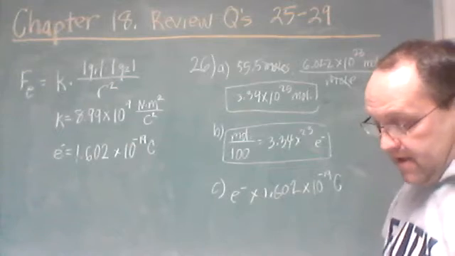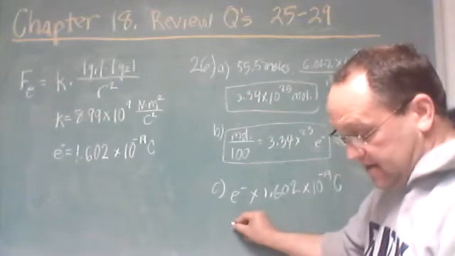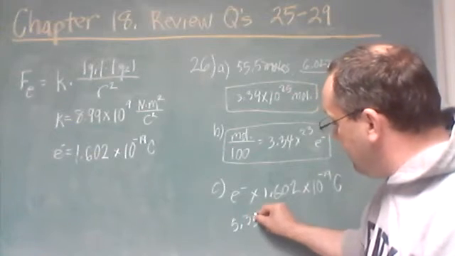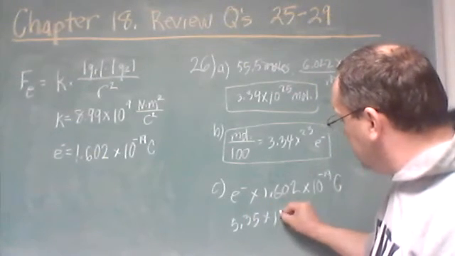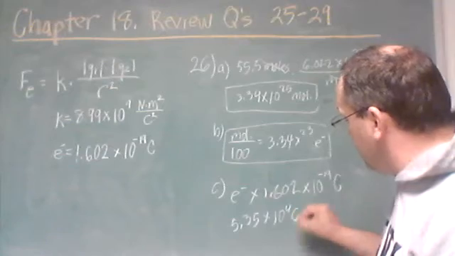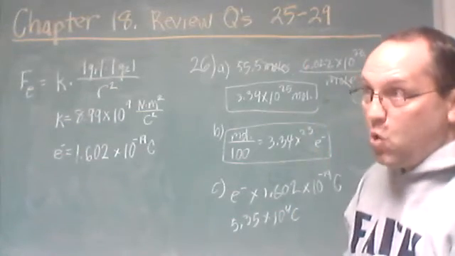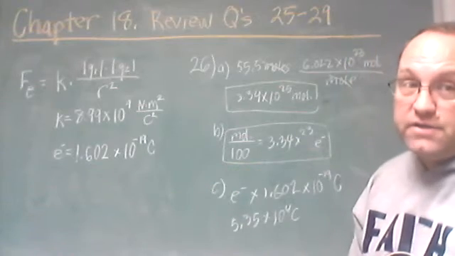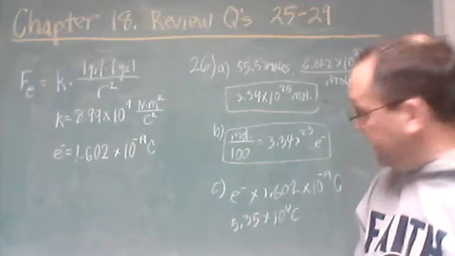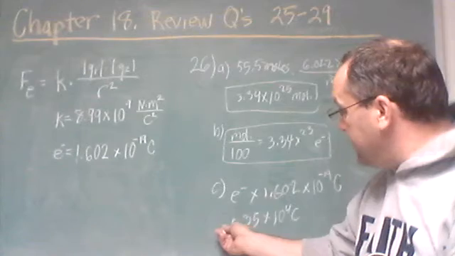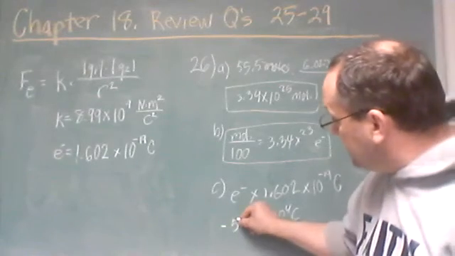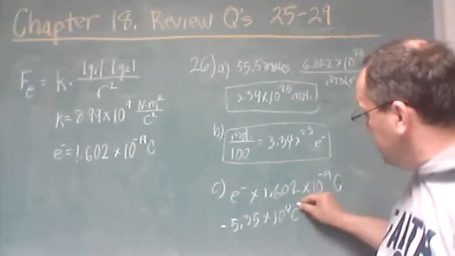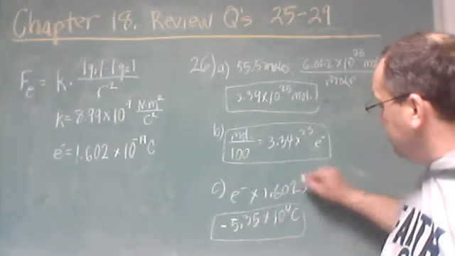That gives us 5.35 times 10 to the 4th coulombs. To be totally technically accurate, the charge assigned to an electron is negative, so we can put a negative sign there, because that's actually a negative charge.